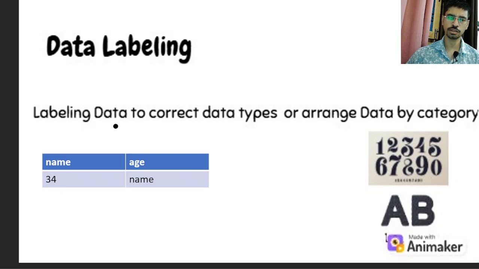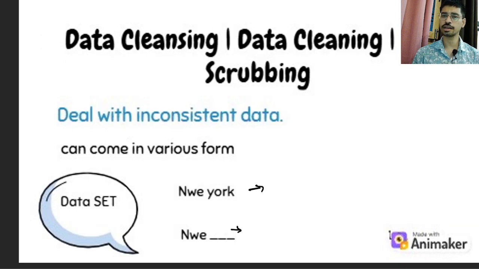For example, in the name it shows 34 and in the age it shows a name. So basically what we have to do is assign the correct data types. That is, in the name section we should have a name, and in the age section we should have 34, which is a numerical value.